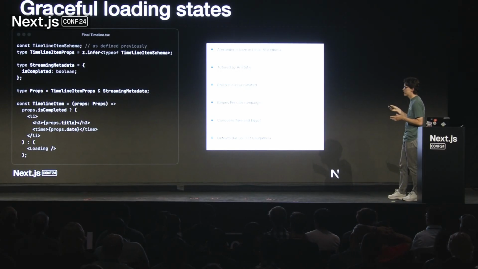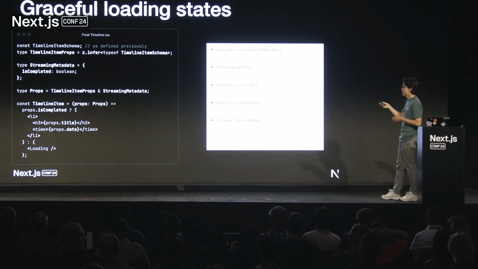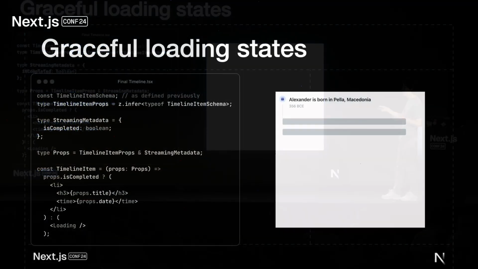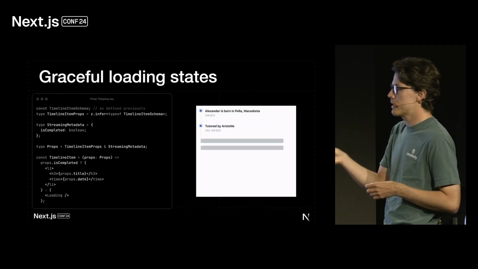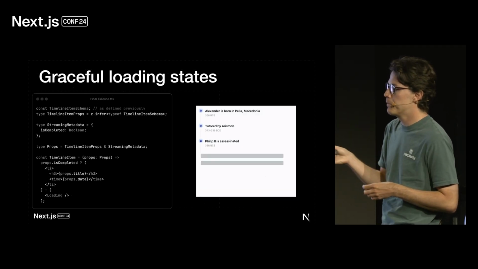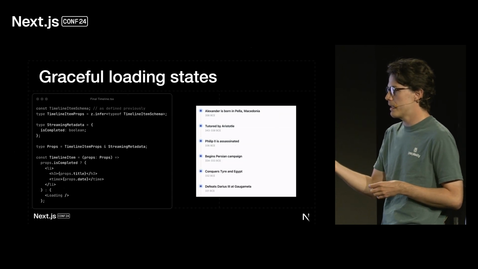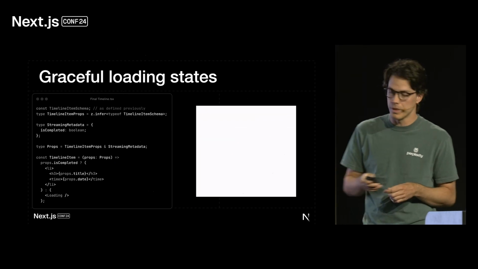Our wrapper component only injects the prop that flags whether a certain component with a certain index has been fully loaded or not. So we need a minor change to our timeline to make use of the isCompleted prop, and based on that, either render a loading state or the component itself.